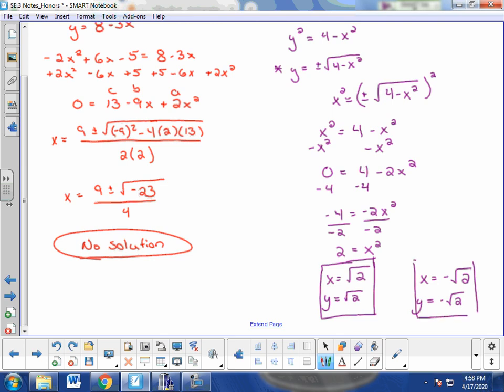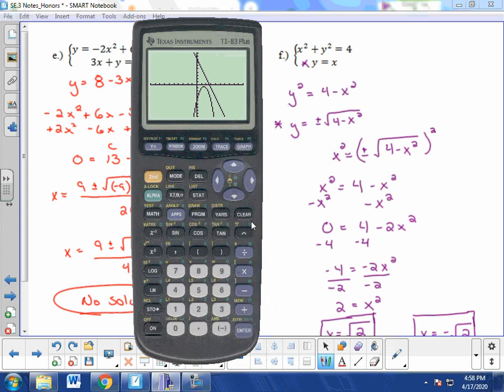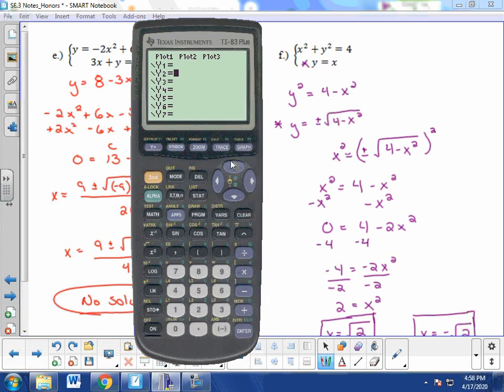Now we do want to make sure that we check this graphically. So if I go ahead and check this graphically, let's use the two equations. We did rewrite one equation, so y equals x is my first equation.